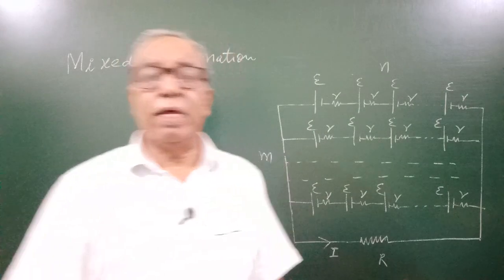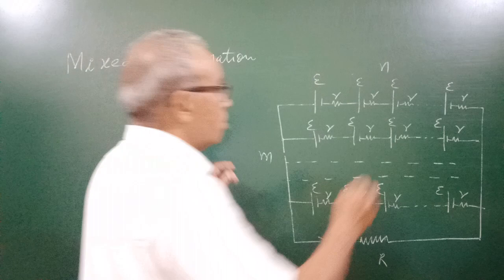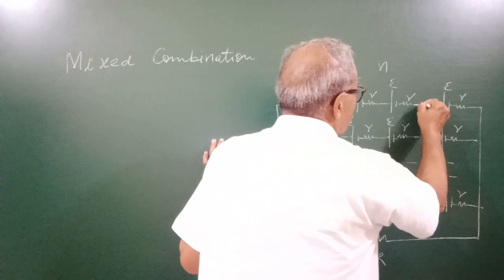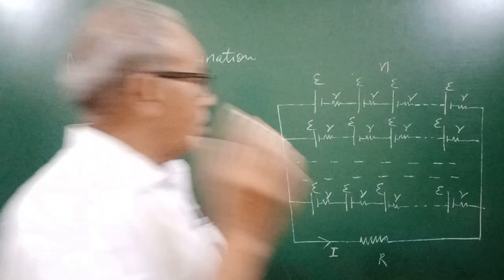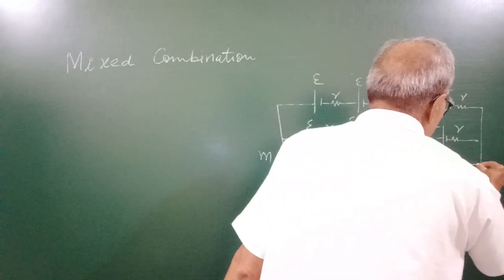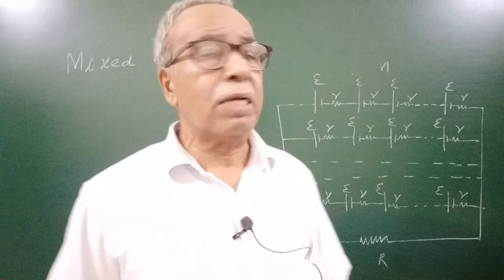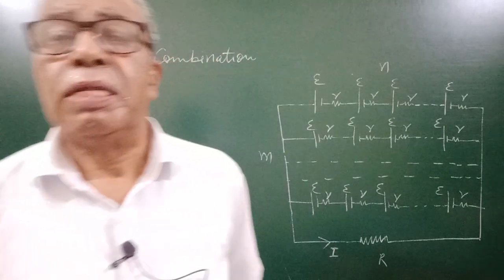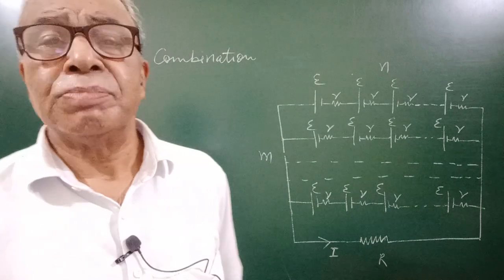Well, my dear students, here in this diagram, we will take a mixed combination of cells. I told you in the previous video about the combination of three parallel, and we got a condition there that if the internal resistance of the cell is small, then we get the advantage of connecting cells in series.